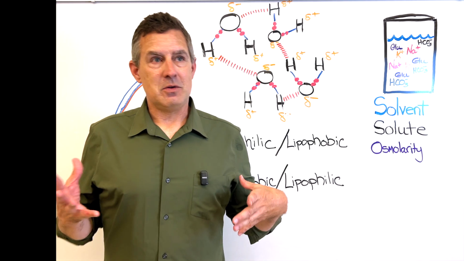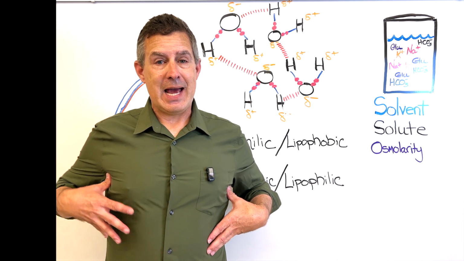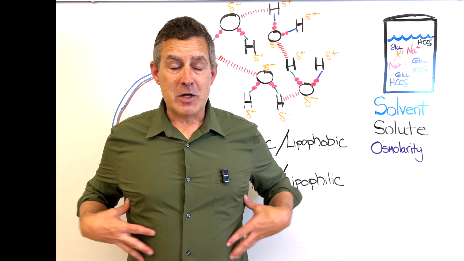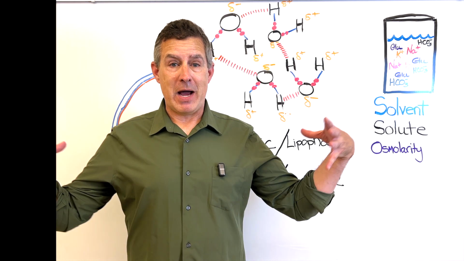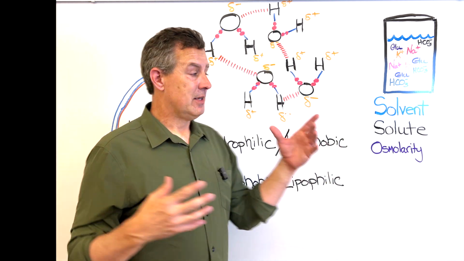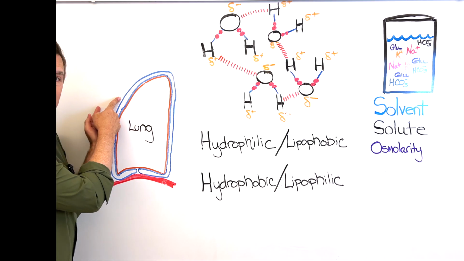Our lungs, or let me rephrase this, our ribs, attached to the inner lining of the ribs is the parietal pleura. When our muscles take our ribs and pull them outwards, it's going to take the parietal pleura with it. That's the outermost layer right here.